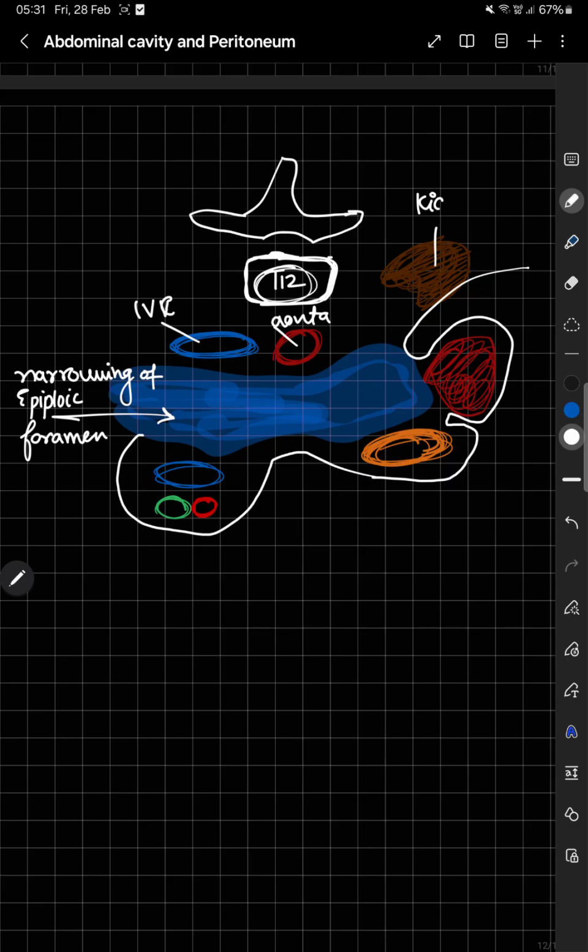This would be our kidney, to be specific the left kidney. This will be our stomach and spleen. This will be our porta hepatis: portal vein, bile duct and hepatic artery. So this is all about the transverse section of the lesser sac.